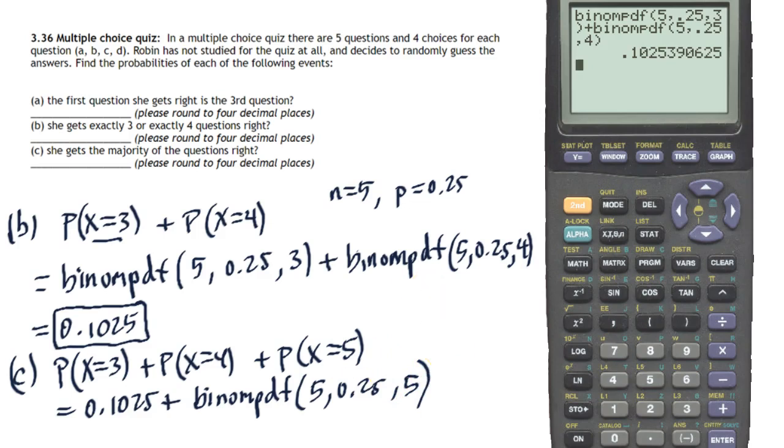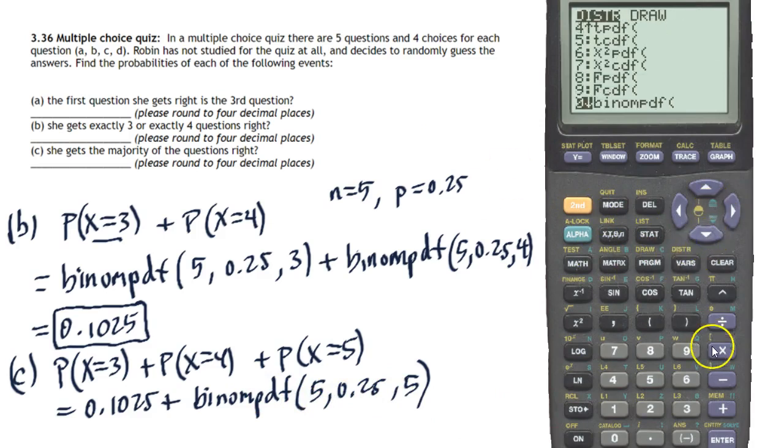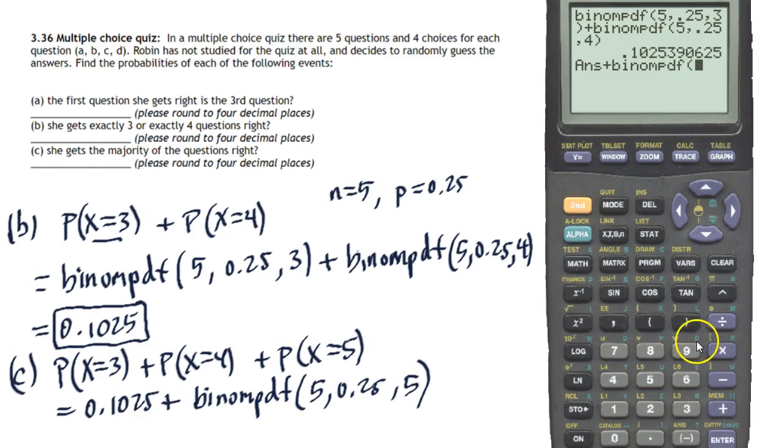I could just add, if I hit addition, it'll have answer plus, that's my previous answer, plus what I have here. So binomial distribution, binomial PDF, and 5, comma, 0.25, comma, 5. And there we go.